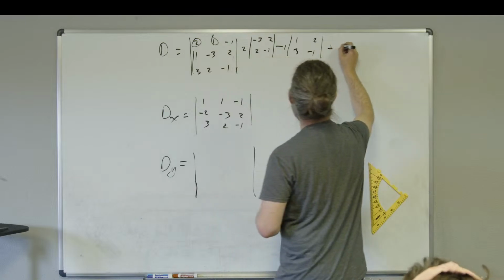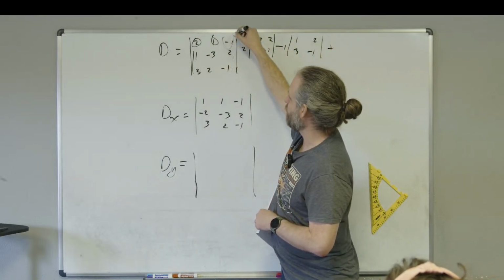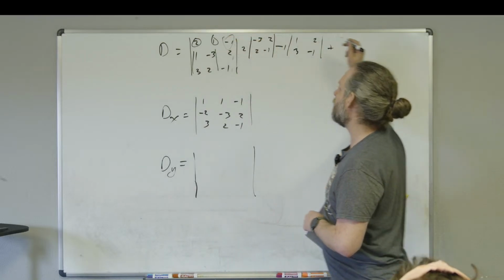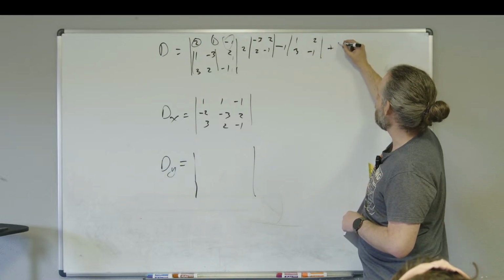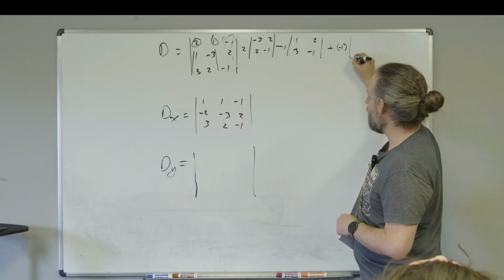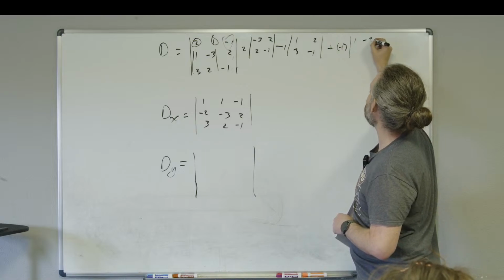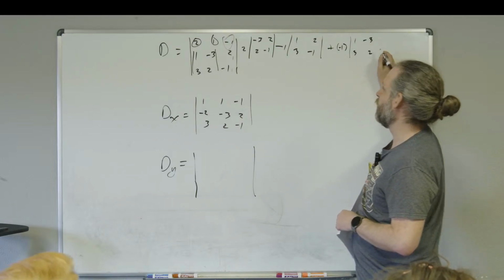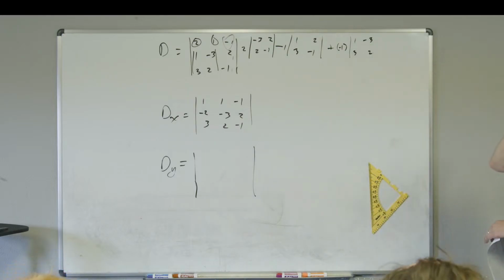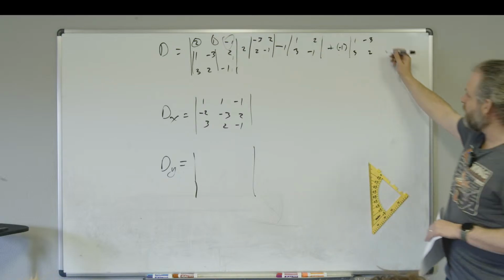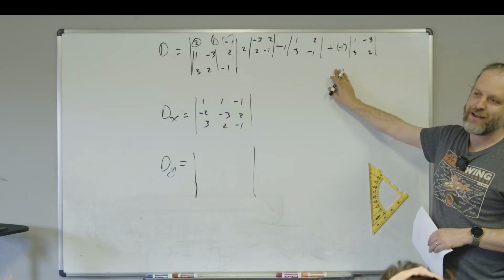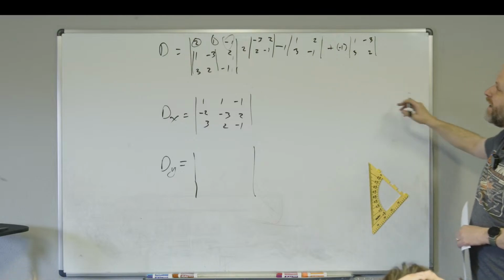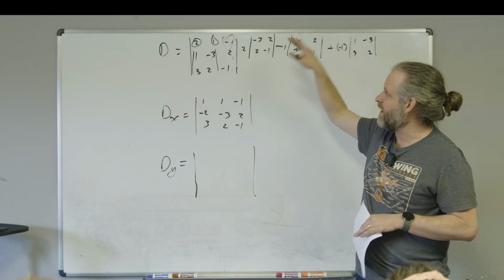And then you add the last one, so plus negative 1 times the determinant of 1, negative 3, 3, 2. In order to do those, you have to do the determinant first and then multiply second, right? So you can't distribute this 2 in there and do all that.